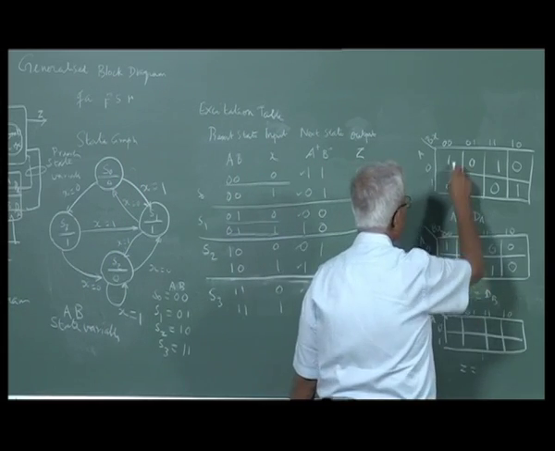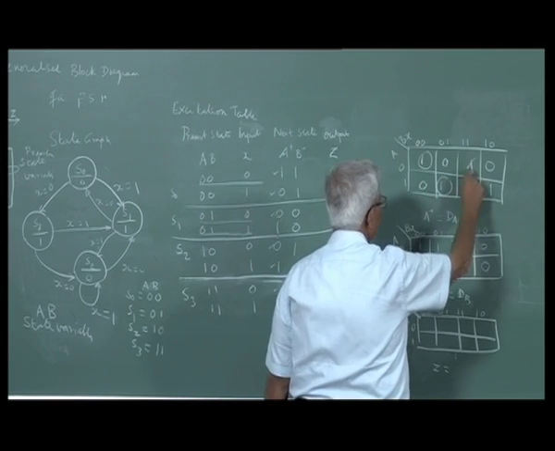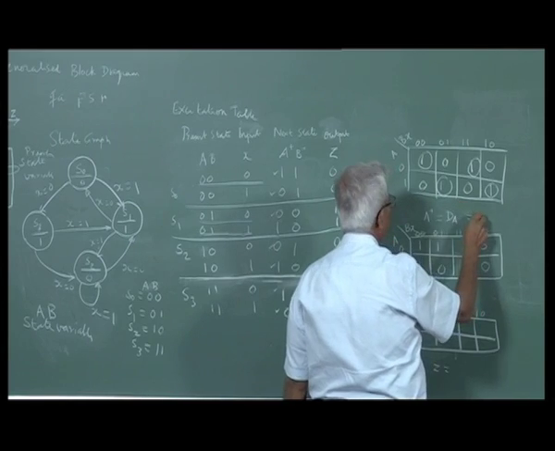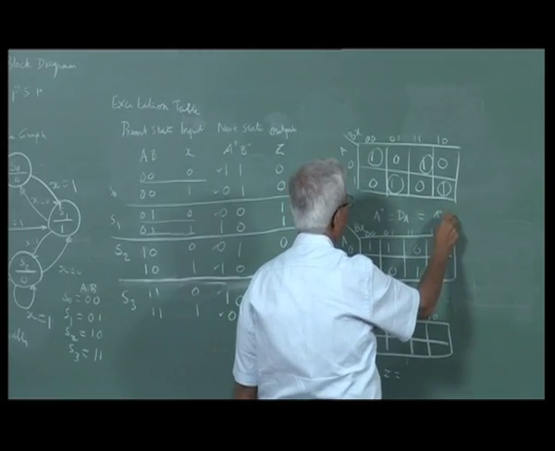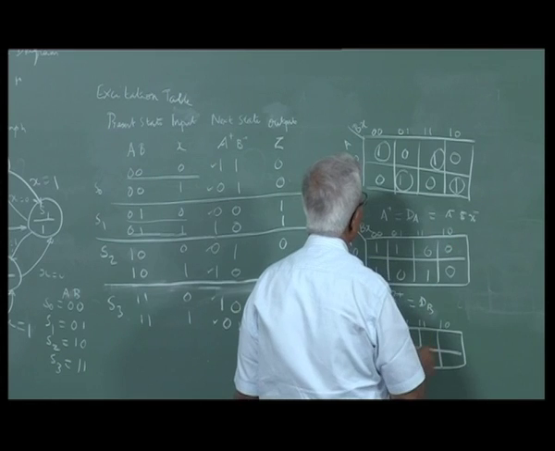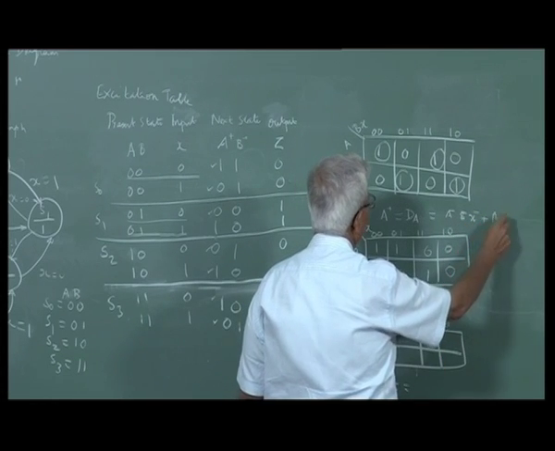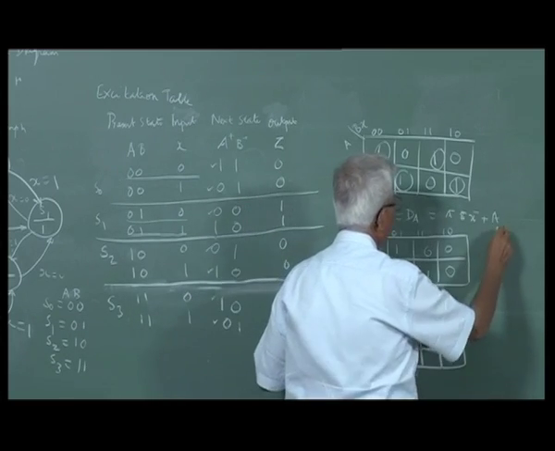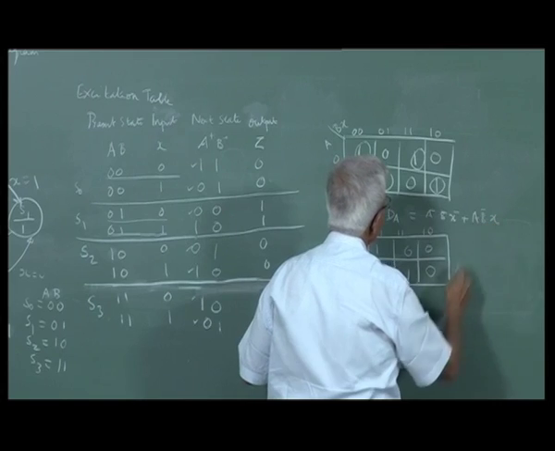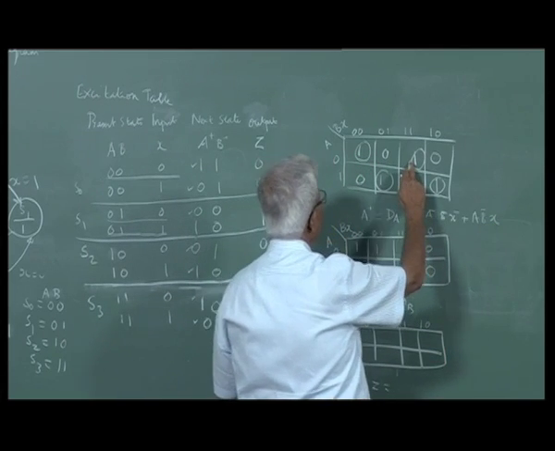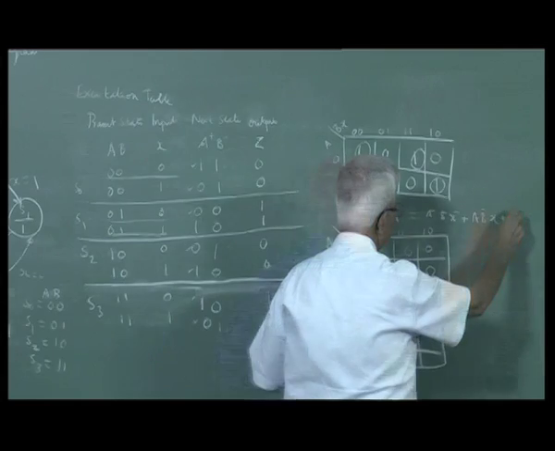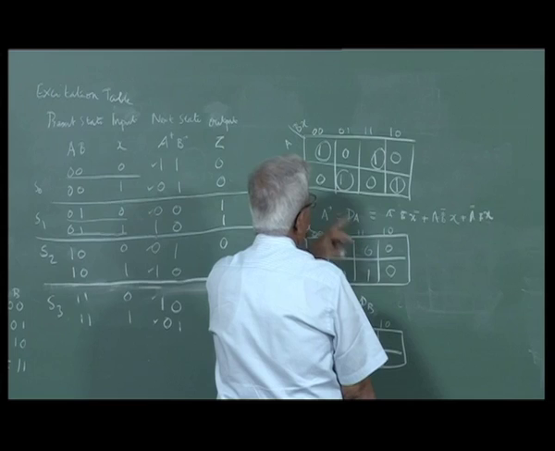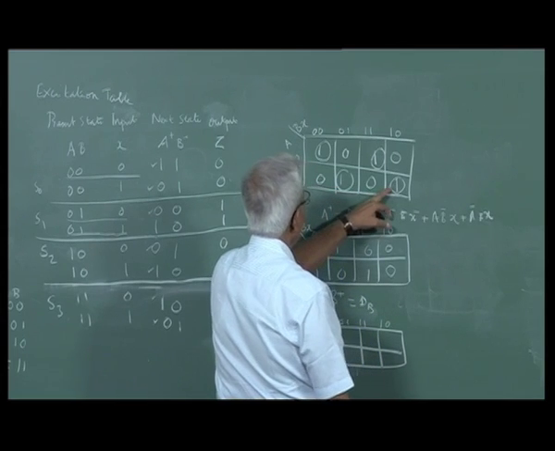I have to have these two form A bar, B bar, X bar, A, B bar X, A bar Bx, A bar Bx bar.